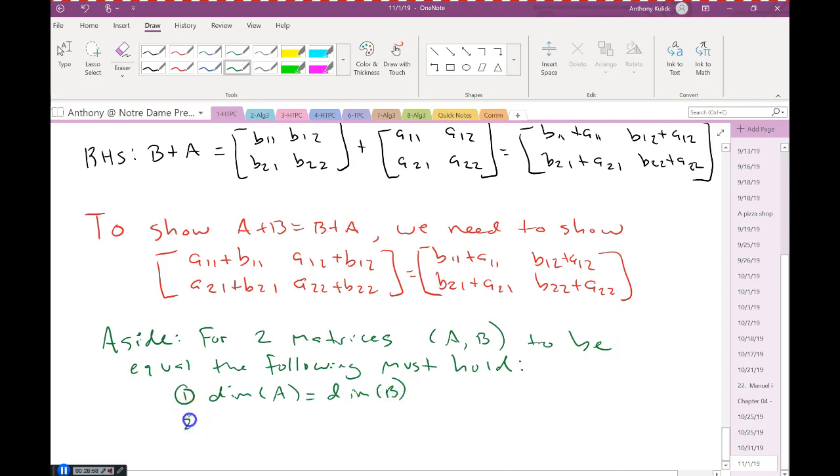Okay. And then what do you think the other piece would be? They'd have to have the same numbers in the same places, right?